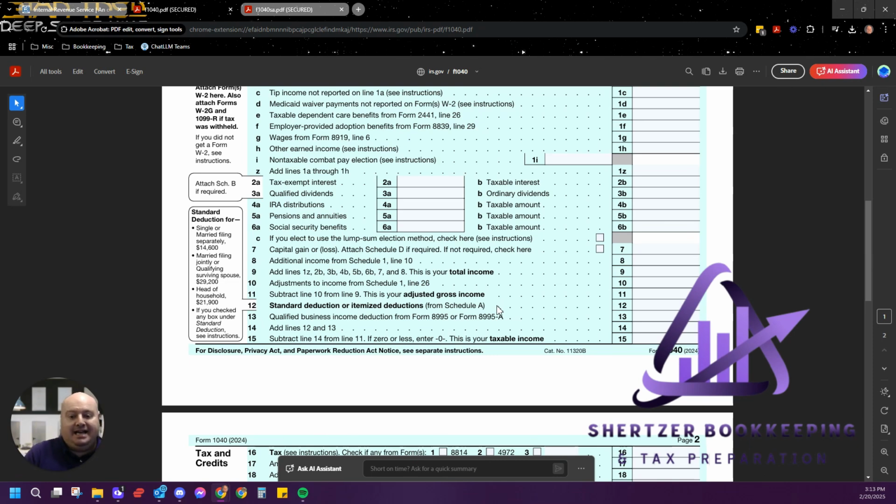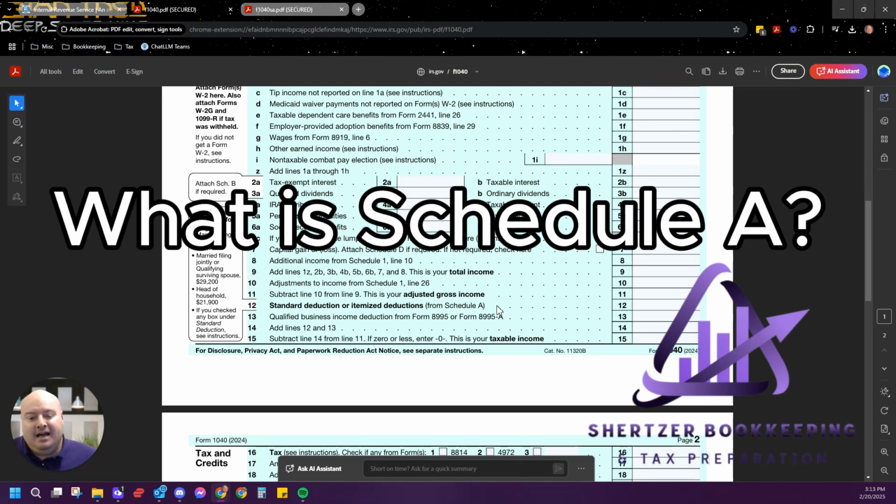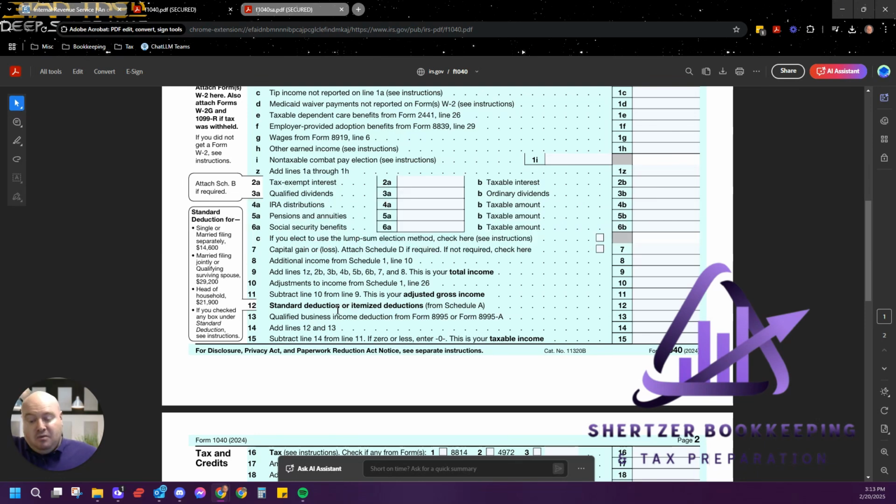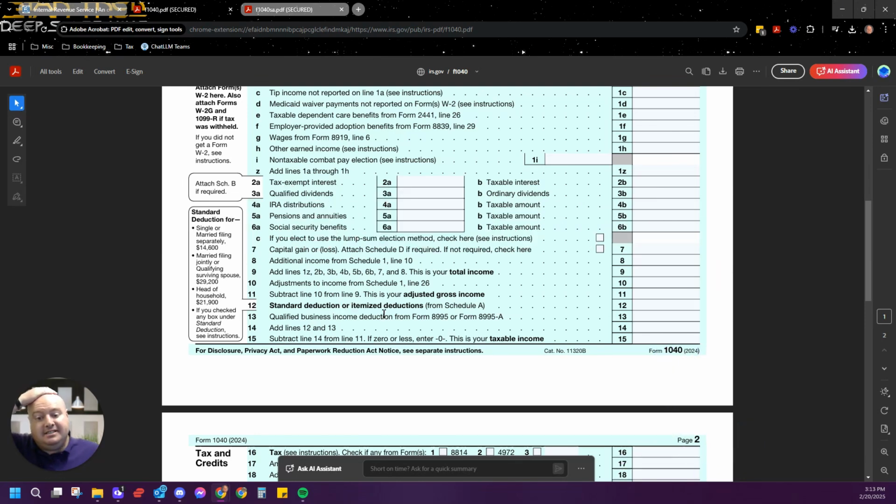Well, what is Schedule A? We'll get to that in a moment. First of all, I want to say what the standard deduction is versus itemized deductions. So, the IRS gives every taxpayer a certain amount to deduct from their gross income. So in previous weeks, I showed you different common income sources, which would be your total income, which is right here.